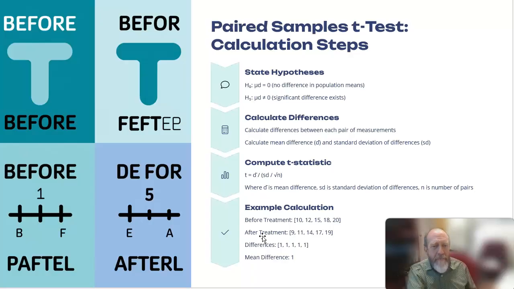You did something, you've got another set of values. And instead of looking at a direct comparison of the two different samples of before and after, you take the difference of the samples. So basically you pair the samples up and you calculate the difference.